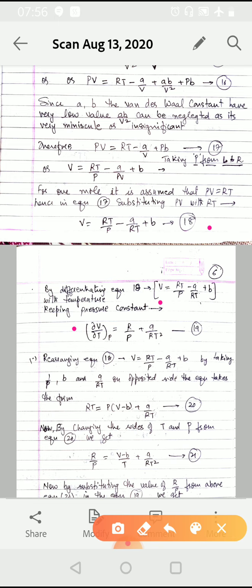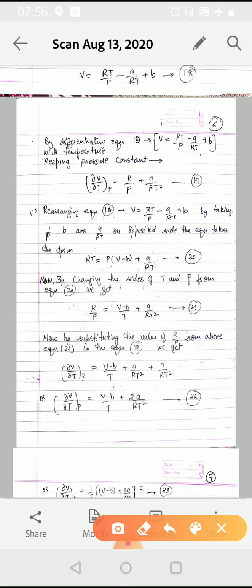Now rearranging equation 18, the equation becomes RT = P(V − b) + a/RT. Now by changing the sides of temperature and pressure from equation 20, the equation becomes R/P = (V − b)/T + a/RT².